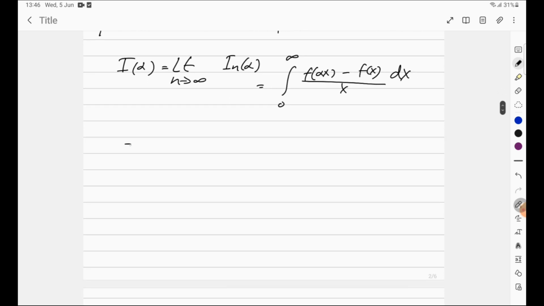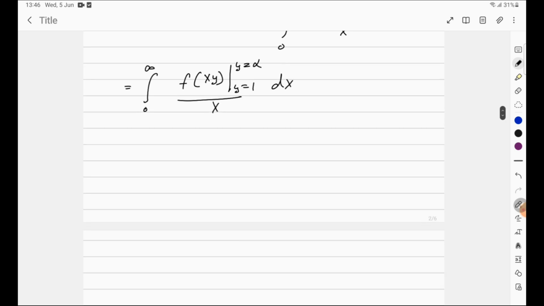All right. So I'll do some manipulations here to simplify that integral. I'll write the numerator as f(x y), and the limits for y are y equals alpha and 1, x as it is, dx as it is.